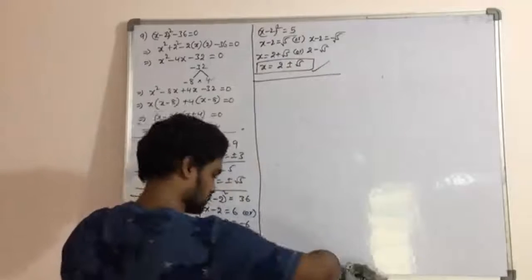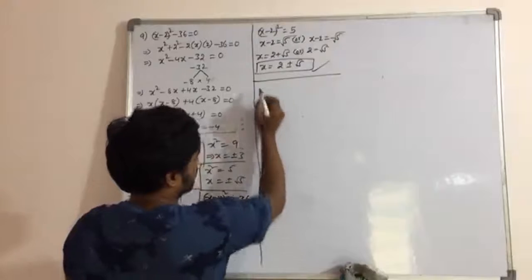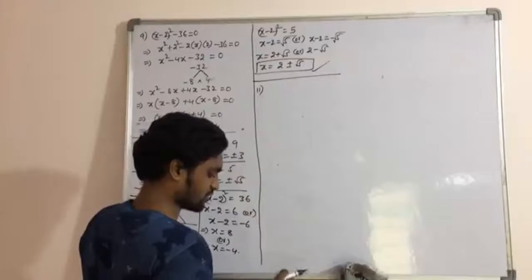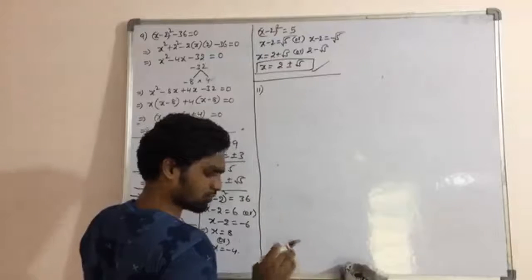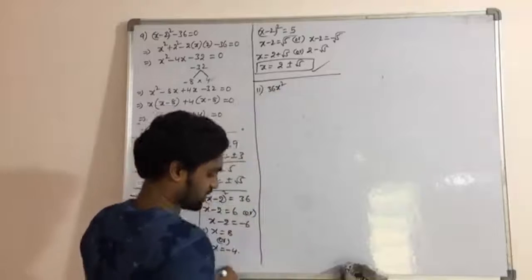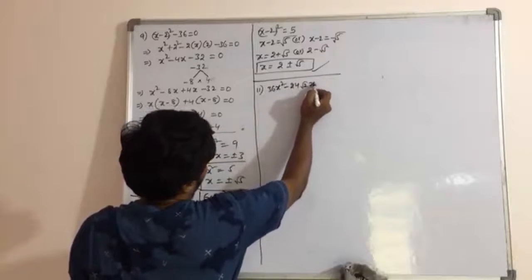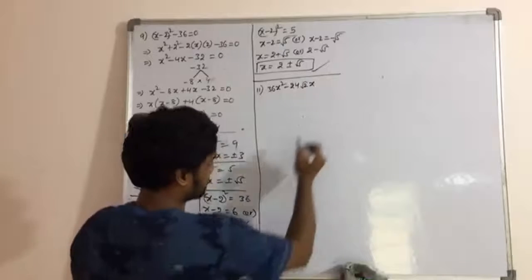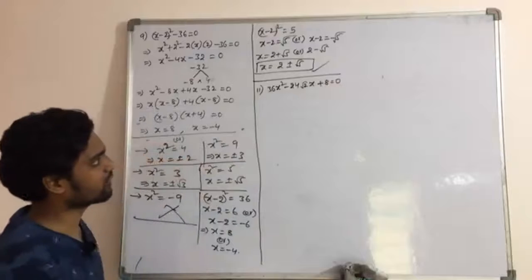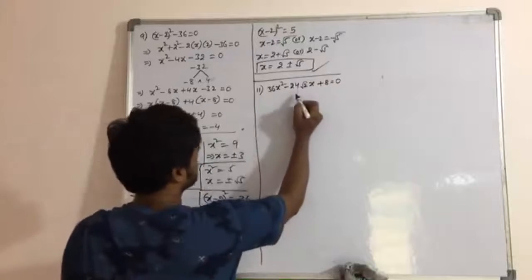Next. I think it should be the last question. So coefficients involving irrational terms. That is the question we have discussed yesterday in the previous lecture also. One of the models relating to this. So now the question is 36x square minus 24 root 2x plus 8 is equal to 0.